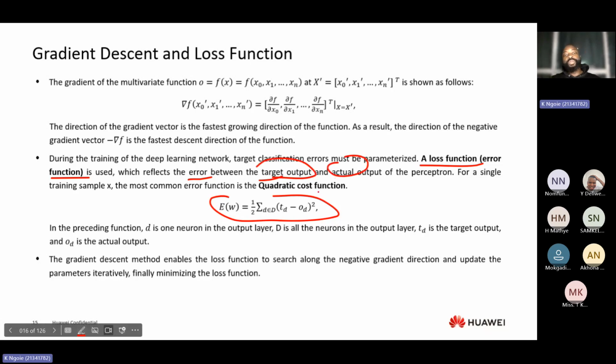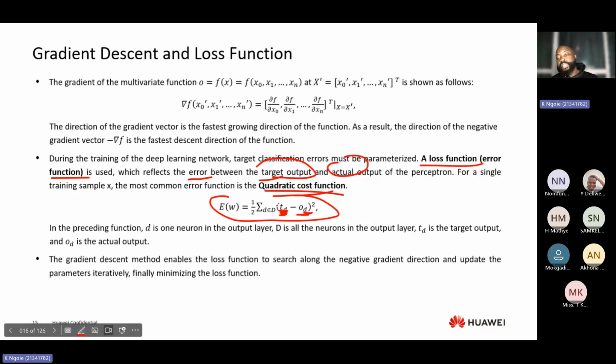Okay, so when we're using what we call a perceptron, with just one training sample, a loss function that we can use is a quadratic cost function, which is represented like this. The TD here represents the target output that we want to get. The OD represents the actual output that we are getting.